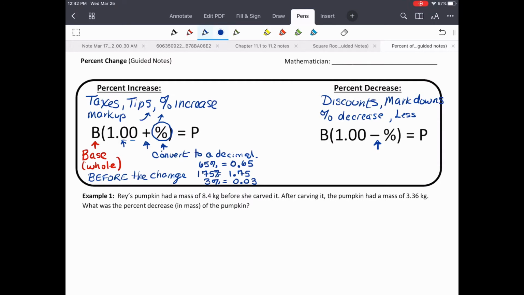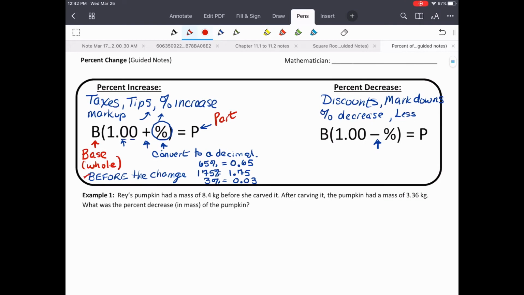And then the P right there stands for the part. Just like the base represents the before, the part is the number after. Think of that as what happened after taxes were added to the bill, after the tip was added to the bill, after the markup was added to the price of the shoes.